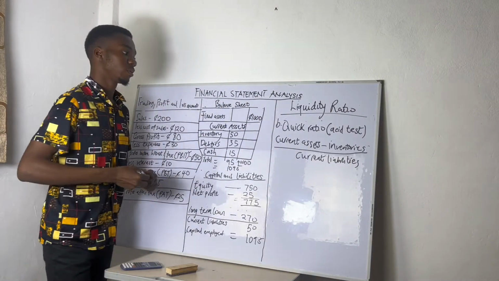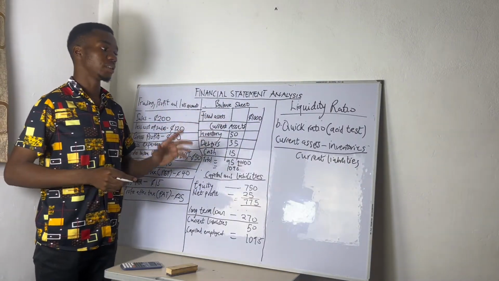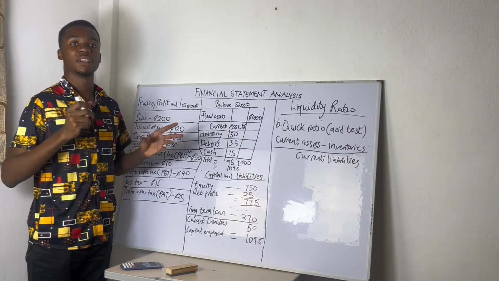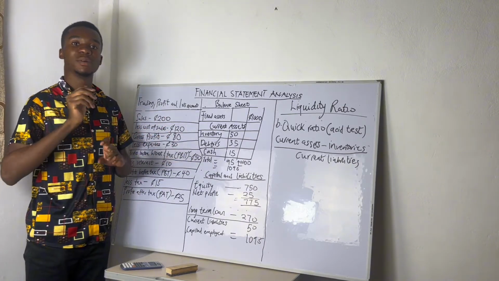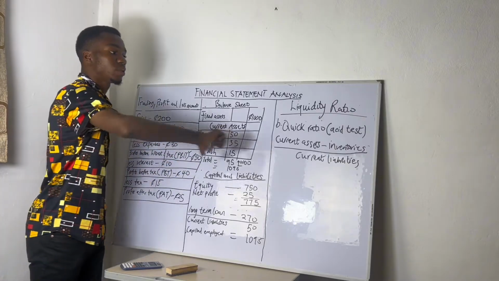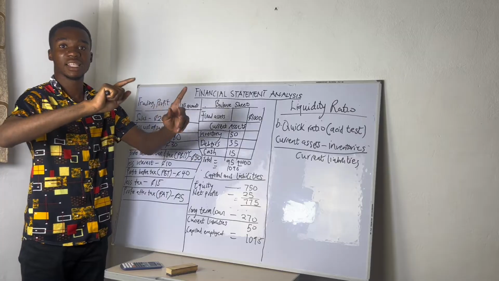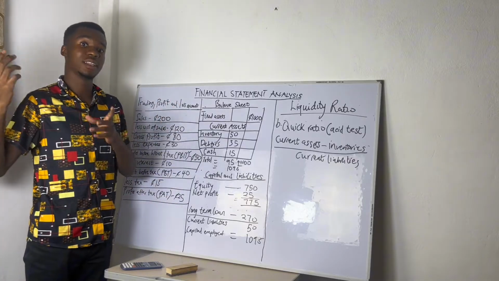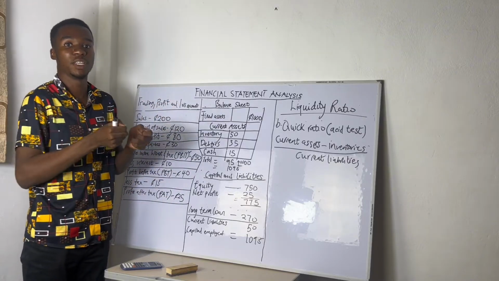So unlike the first one, where it was current assets over current liability, this one they don't want to add the value of things that have not been bought yet, so that in case something happens to them or people don't buy it, they'll still be able to pay. So it subtracts the inventories. The inventories are things that are yet to be bought, so the values of the things that are yet to be bought, but have not yet been paid for monetarily.